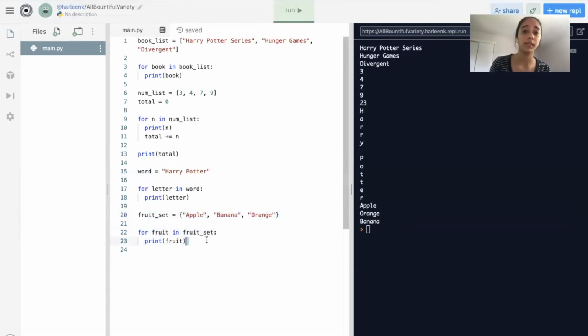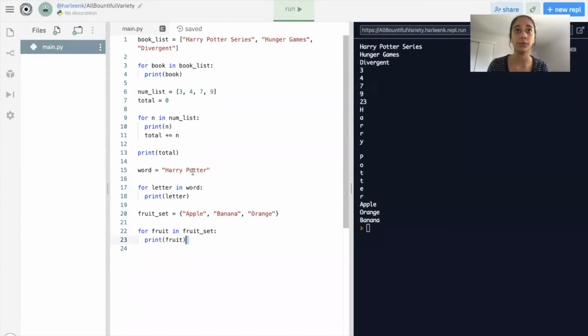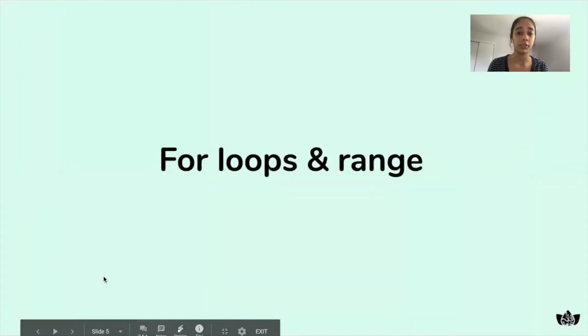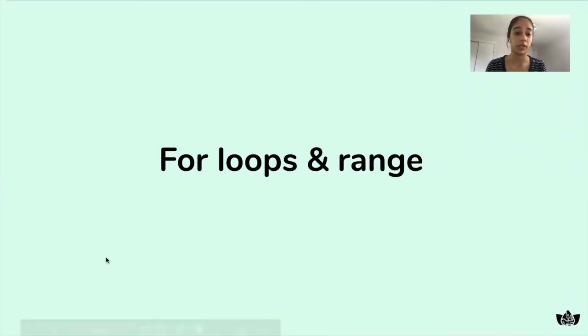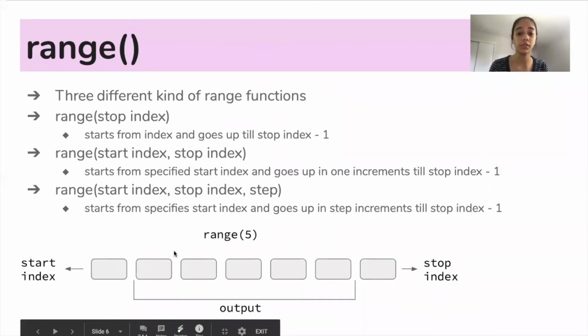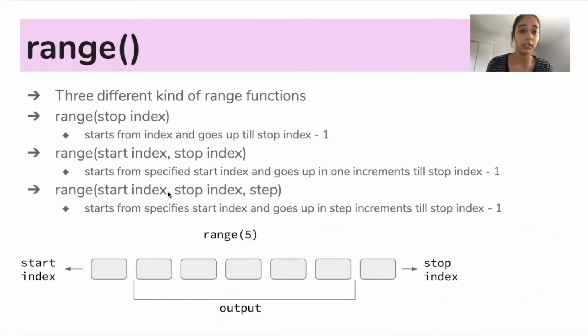All right, and so that's basically it for iterative for loops. Now we're going to talk about another kind of for loop, and this is normally done with the range function. This is just a little bit more about the range function. There are 3 different kinds. First, the range function with just one parameter, known as the stop index. It starts from 0 and goes up to the stop index minus 1.